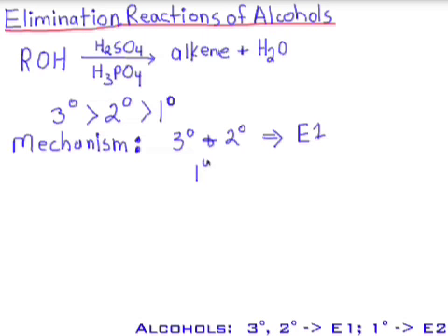Primary goes E2. Now, primaries go E2 simply because the energy of the carbocation is too high. The carbocation is so unsubstituted, so high energy, that the E1 pathway is effectively shut off. But this is an interesting change.